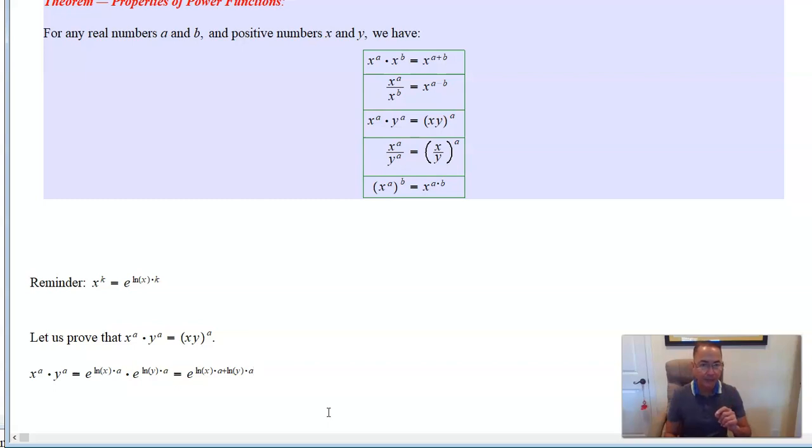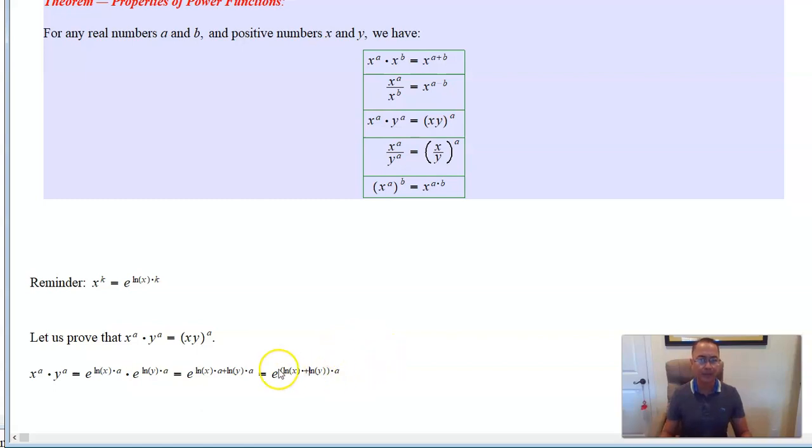Wait a minute, there's a common factor of a in that exponent. Okay, so we can factor it out, and we can put these two in parentheses, except we should delete the other a over here. Okay, times a. Yeah, there you go.